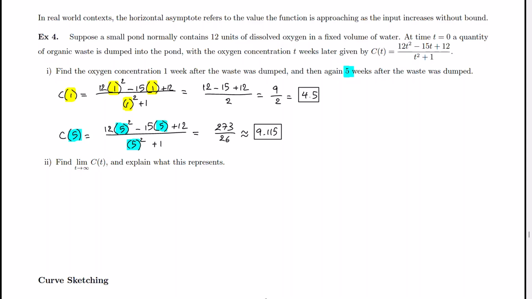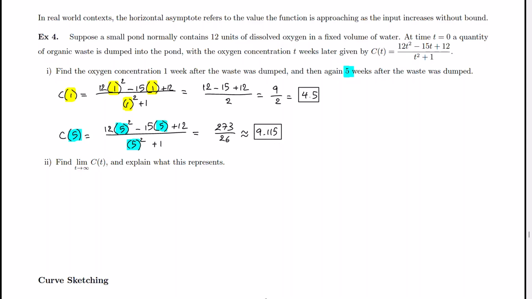As we can see from the paragraph and the numbers that we started with, on day 1 the pond had 12 units of dissolved oxygen. As soon as you dump the waste into the water, the oxygen level really dropped to 4.5. But as time went on, 5 weeks later, the oxygen level is back up to about 9 units of dissolved oxygen.